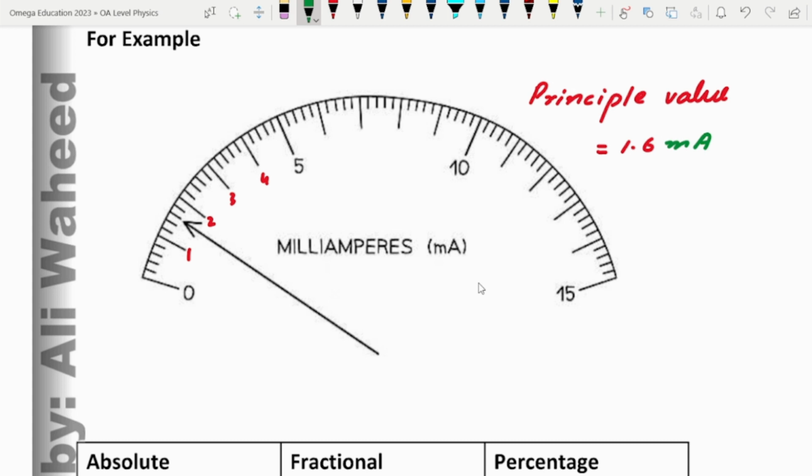Now what is the precision of the ammeter? Precision means the smallest reading that it can measure accurately. That is basically the separation between any 2 small consecutive divisions.